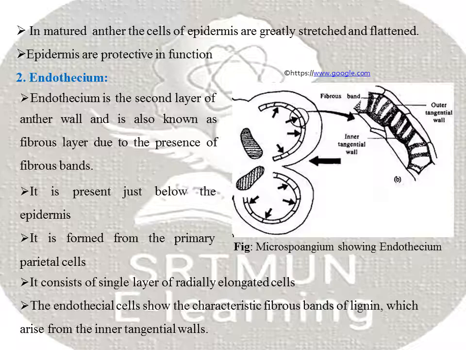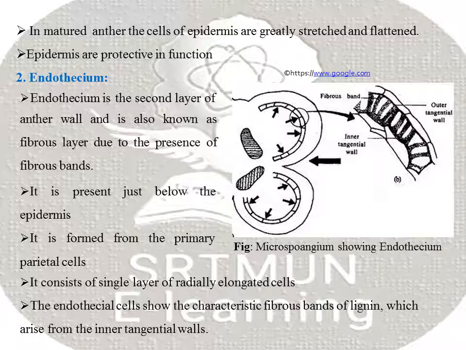Endothecium is the second layer of the anther wall and is also known as the fibrous layer due to the presence of fibrous bands. It is present just below the epidermis. It is formed from primary parietal cells. Now, it consists of a single layer of radially elongated cells.